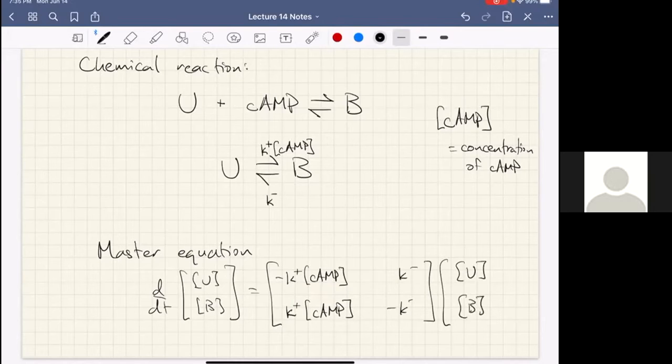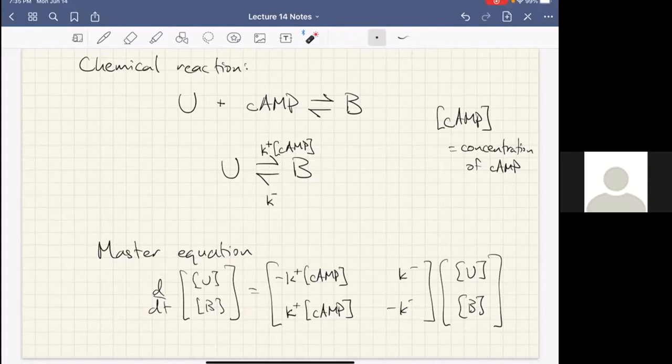We went through a somewhat hand-wavy explanation of how the master equation worked in an earlier lecture, so this should not come as a surprise to you. It's just that we've identified a specific system with specific concentrations. Now, I want you to look here.